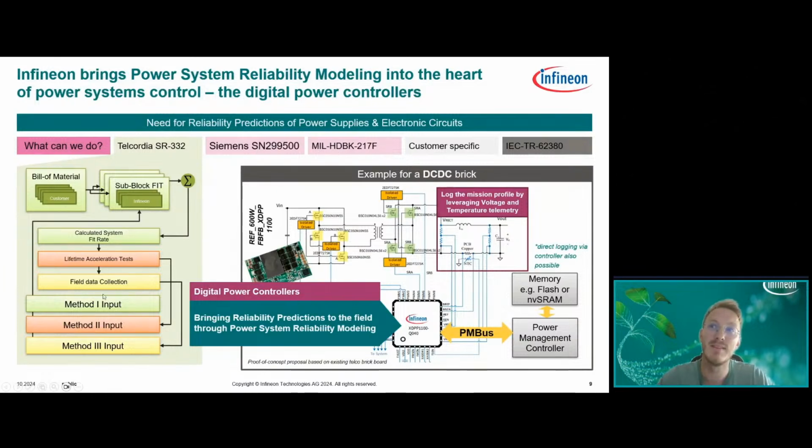Those methods, we took and integrated into our digital power controller. And by measuring the real mission profiles, how you operate your device in the field, and those reliability methods of the handbook, we can recalculate the reliability of your system in the field.